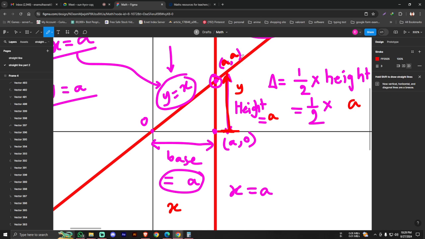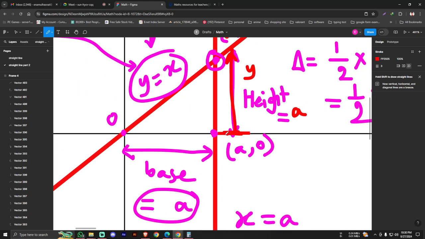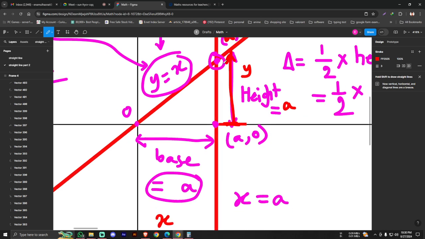Basically the y coordinate, because the y coordinate represents the height, or the distance of the height of the triangle here. From the x-axis you count how much distance.